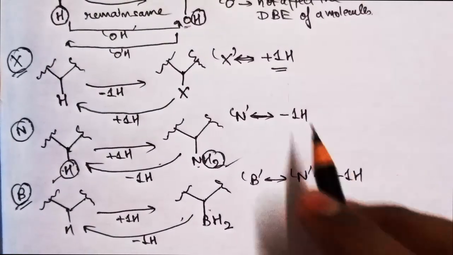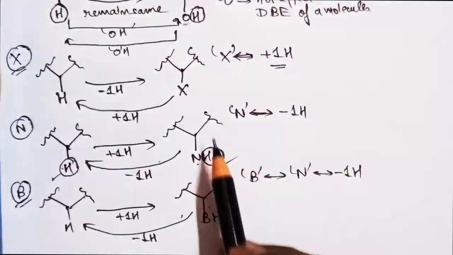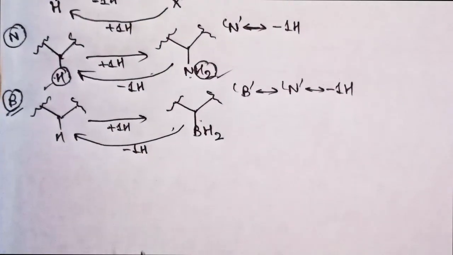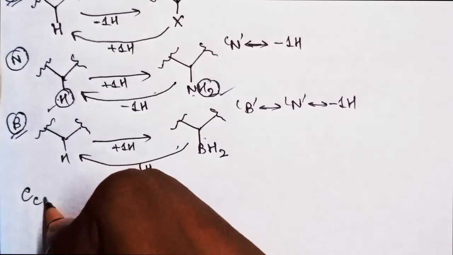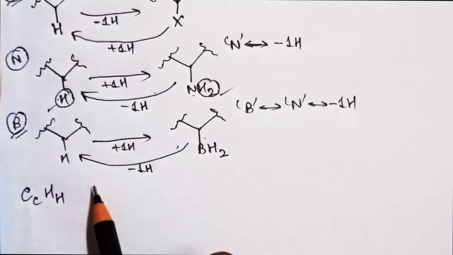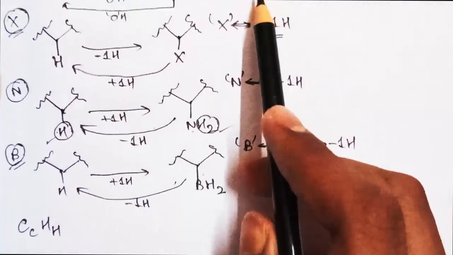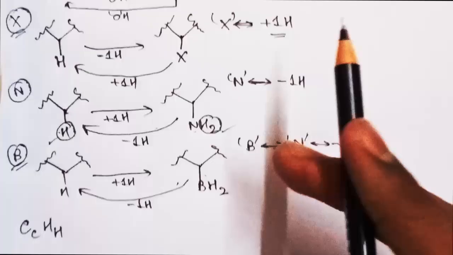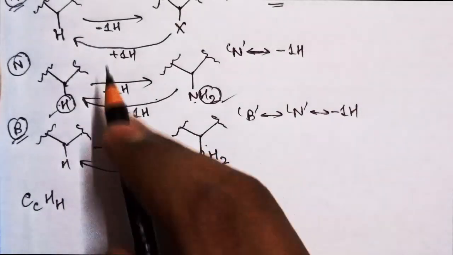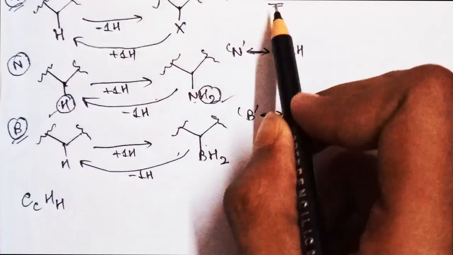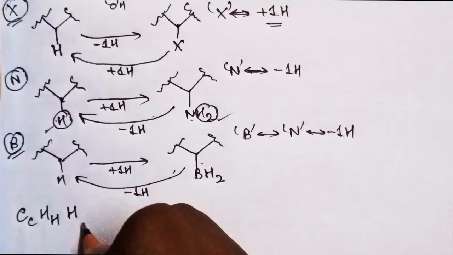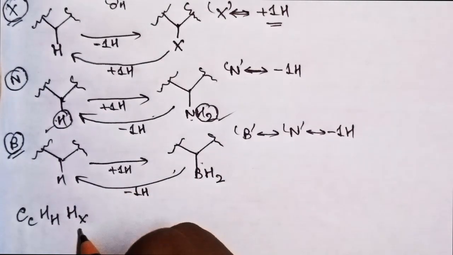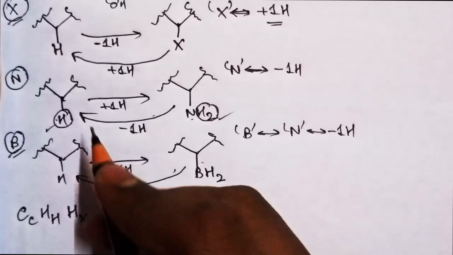Now, on removing the equivalents, we get a new formula to be CCHH. Since oxygen does not play any role, it does not affect the DBE of a molecule, we are ignoring it. A halogen is equivalent to one extra hydrogen. Therefore, we can replace it by HX, where X is the number of halogen atoms.